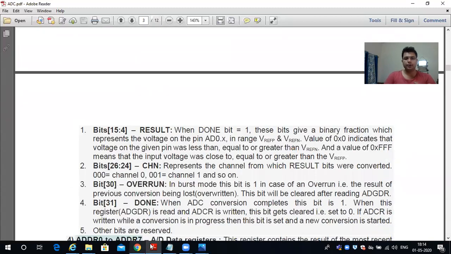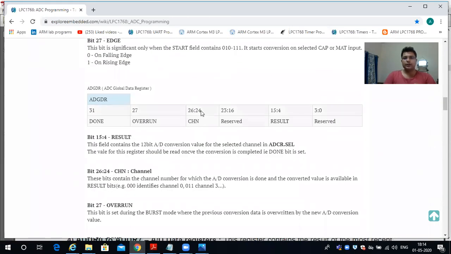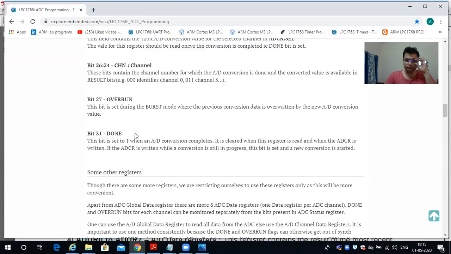Bits 24 to 26 are also reserved. Apart from that, the structure is exactly the same. Bits 0 to 3 are reserved for the ADDR register. Bits 4 to 15 will hold the converted value. Then 16 to 26 are reserved. Bit 27 is the overrun bit, and bit 31 is the done bit.